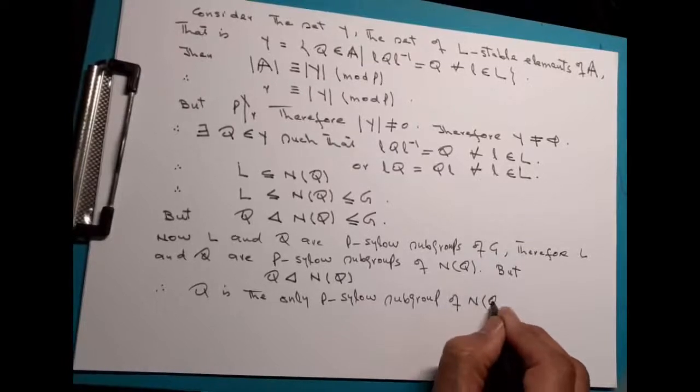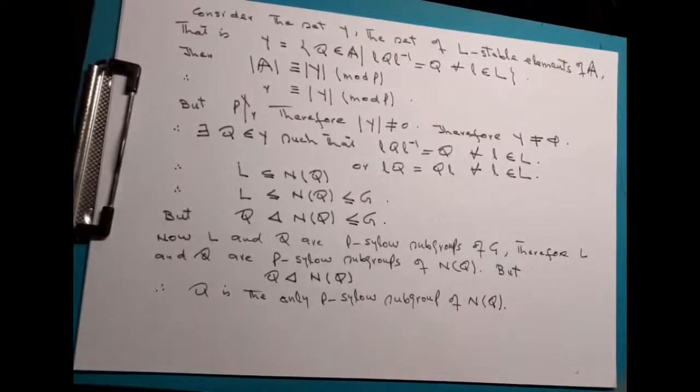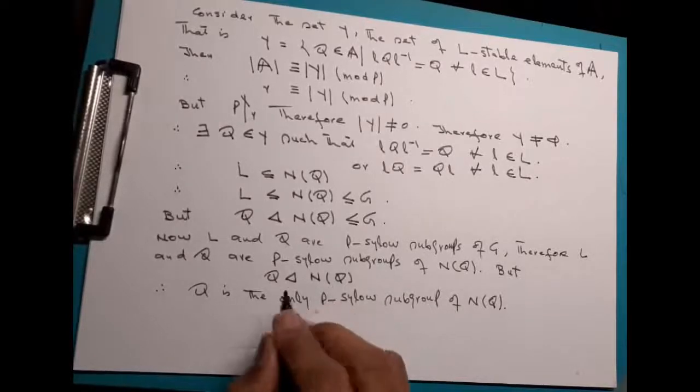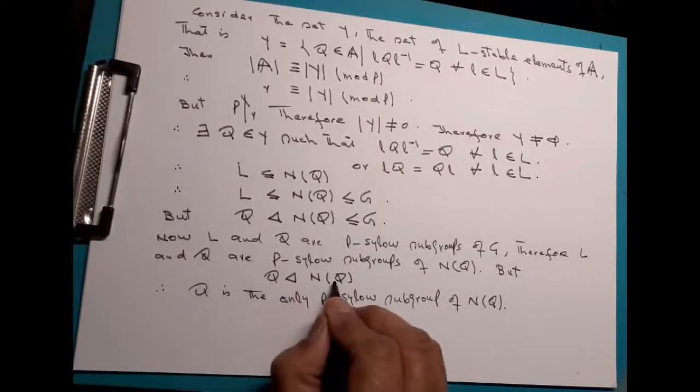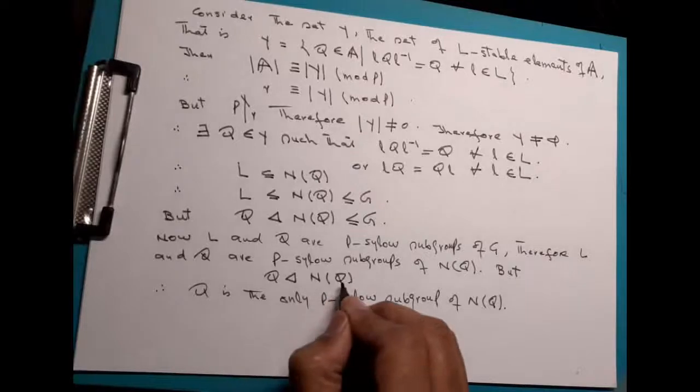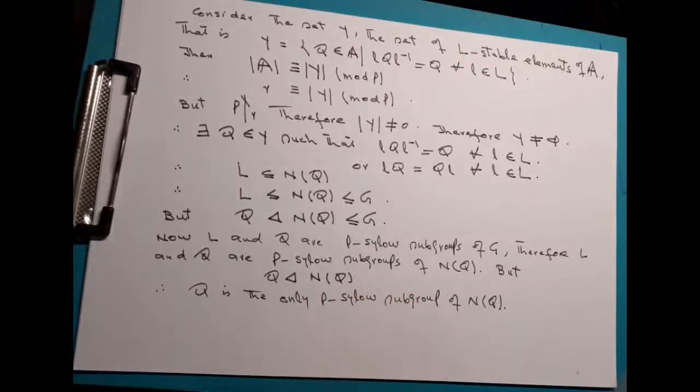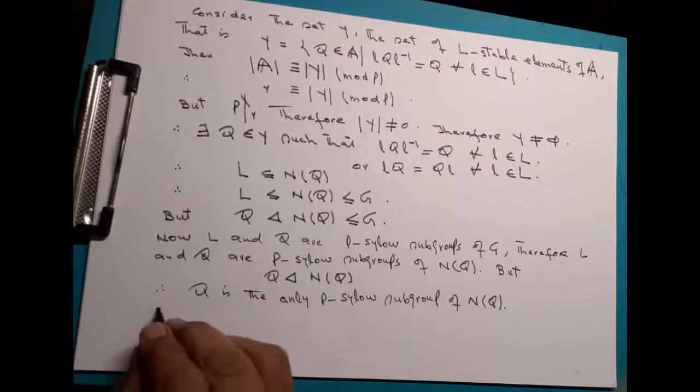We have already proved that if a p-Sylow subgroup is normal, then it is the only p-Sylow subgroup. Since Q is a p-Sylow subgroup of NQ and Q is a normal subgroup of NQ, therefore Q is the only p-Sylow subgroup of NQ.